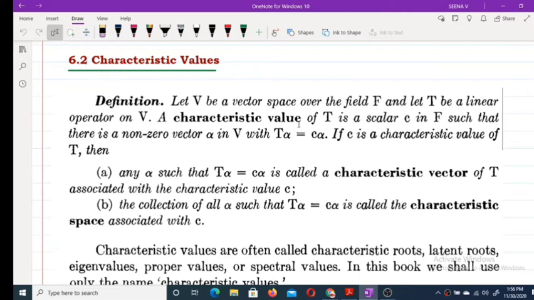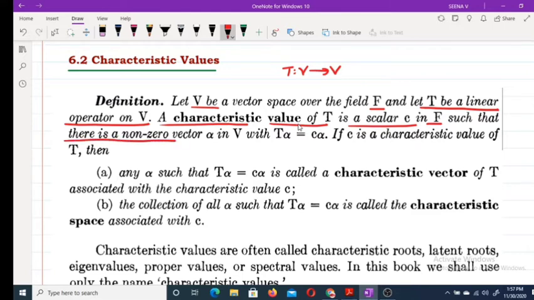Here we are discussing characteristic values in terms of linear transformation. Let V be a vector space over the field F and T be a linear operator on V. That is, T is a function from V to V. Now, a characteristic value of T is a scalar C in F such that there is a non-zero vector alpha in V with T alpha equal to C alpha.